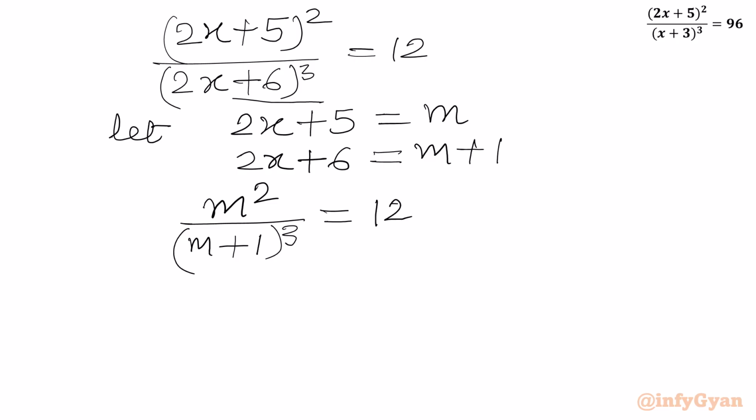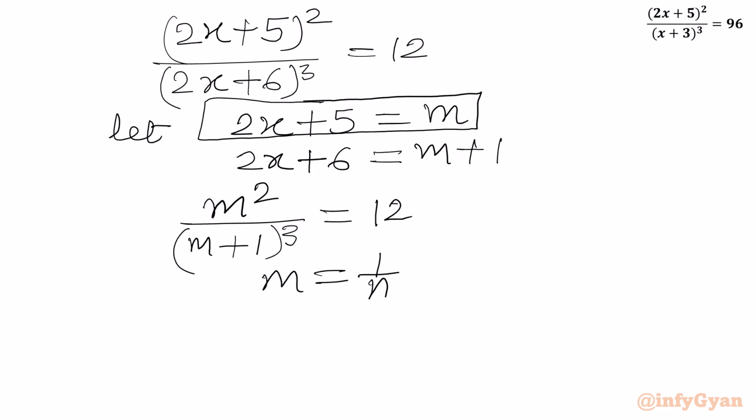Now our first substitution was 2x + 5 equal to m. Now I will write m equal to 1 over n. So in place of m, we will write 1 over n. So (1/n)² over (1/n + 1)³ equal to 12.